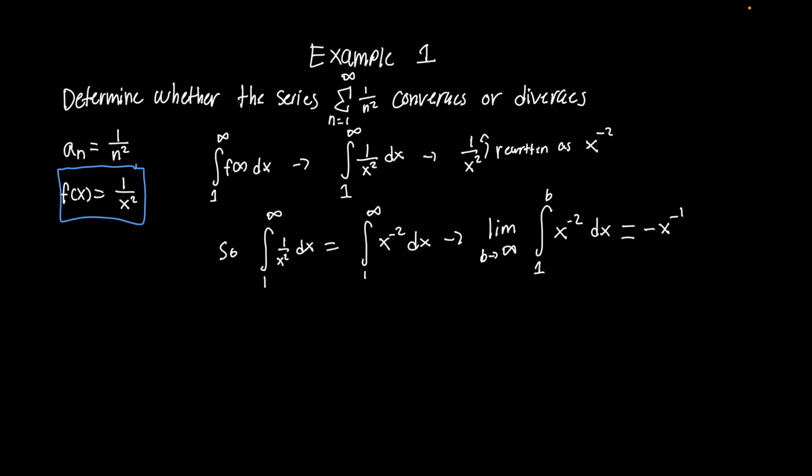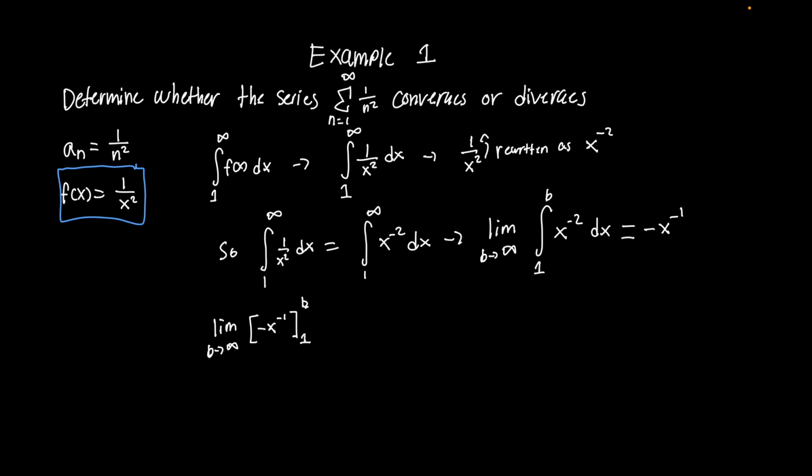So let's rewrite this back. We're going to have the limit as b approaching infinity of, I like to write this in boxes because it's easier, negative x to negative 1 from 1 to b.